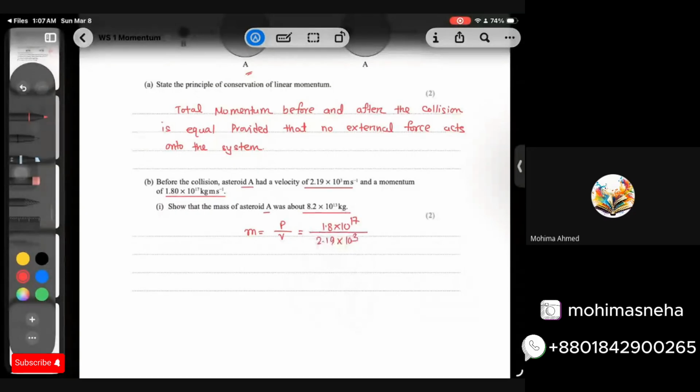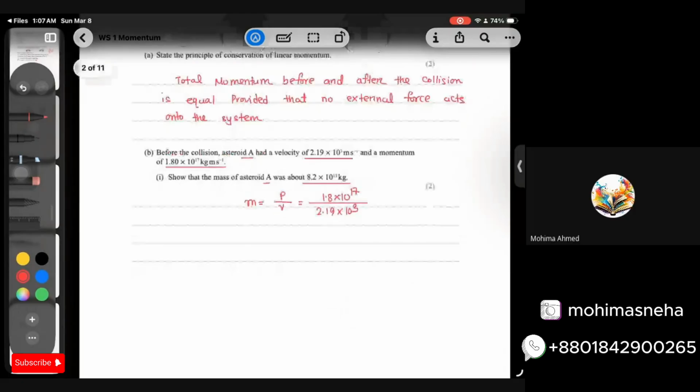How much is this? Amir, can you please calculate this for me? Okay, teacher. 8.21 times 10 to the power 13. 8.21 a little bit more, okay. 8.219 something, right?